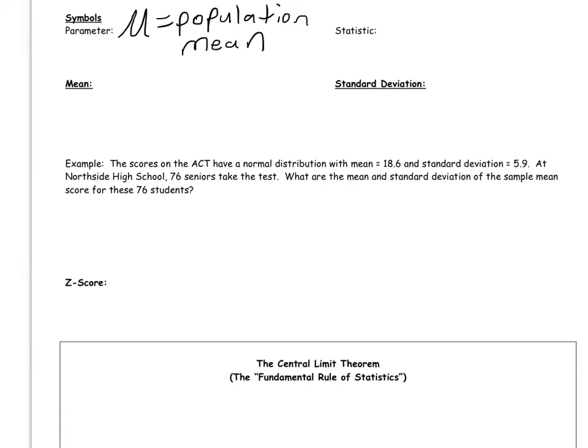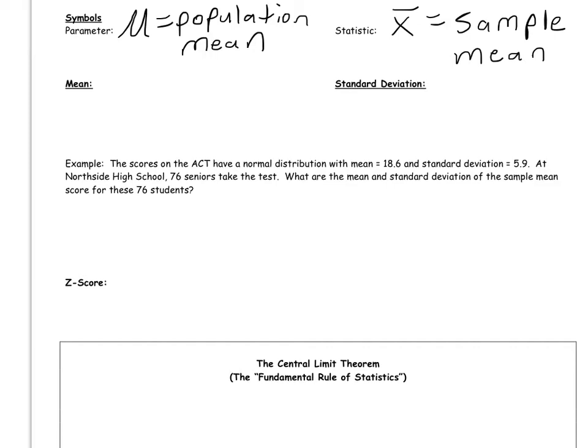So our statistic will be a mean or an average that comes from our samples. So x bar, that's the sample mean or the sample average. We'll use x bar when the average is coming from a sample, and we'll use mu when that average is describing the population.